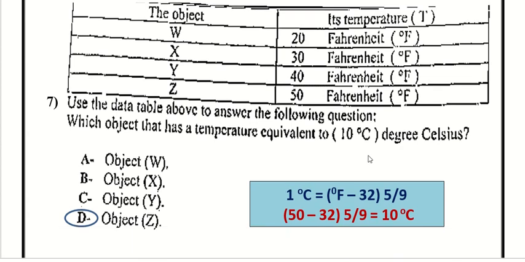For 10 degrees Celsius, we can neglect these values as they are lesser than 32, which is the value added on the Fahrenheit scale. So we can test only this and this one.